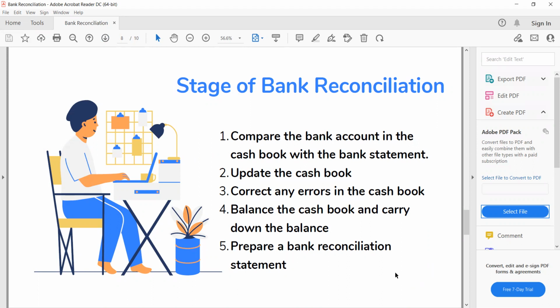Last, we prepare the bank reconciliation statement. For this whole process, please refer to the exercise I recorded, which shows you how to prepare the bank reconciliation from step 1 until 5.